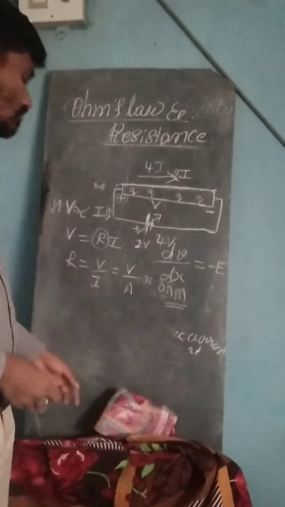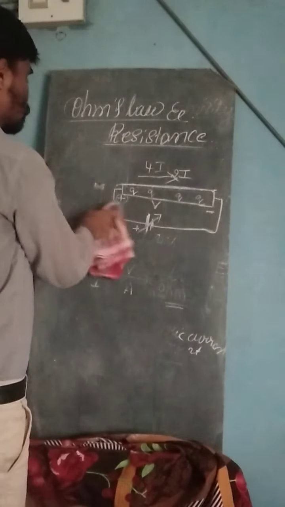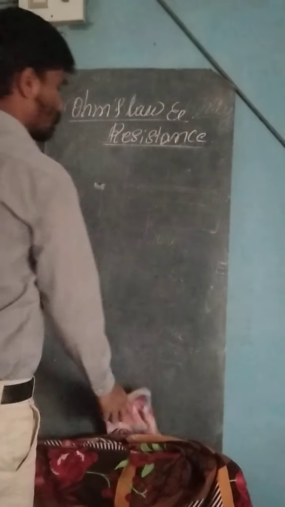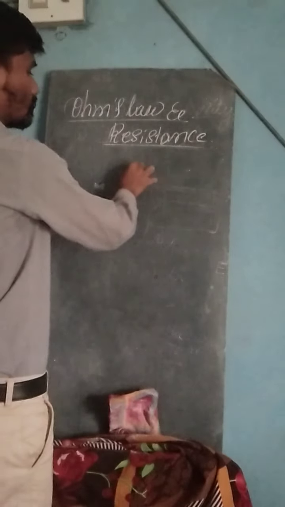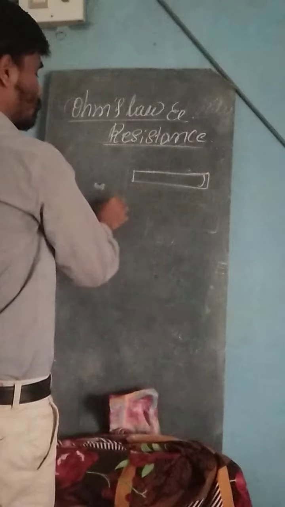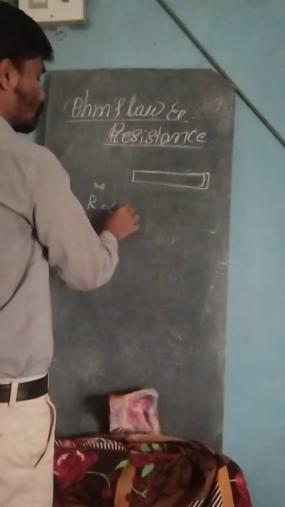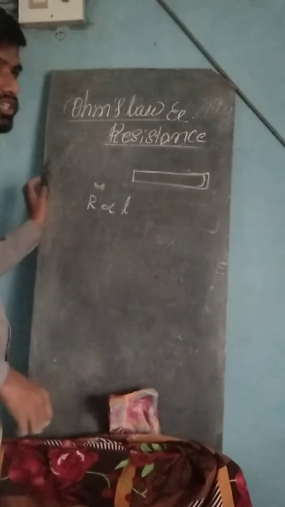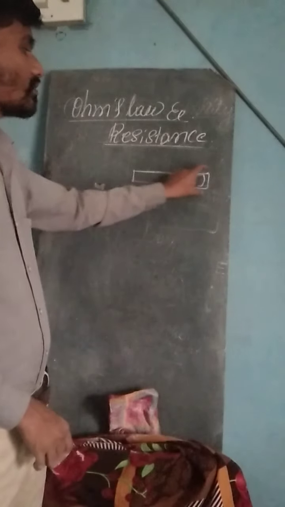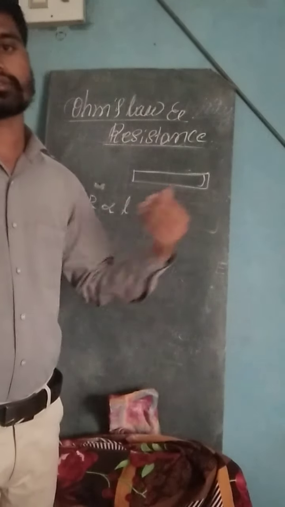On which factors does resistance depend? Consider a conductor. So this is a conductor. For this conductor, R is directly proportional to length. Means if the length of the conductor increases, it is a large length.